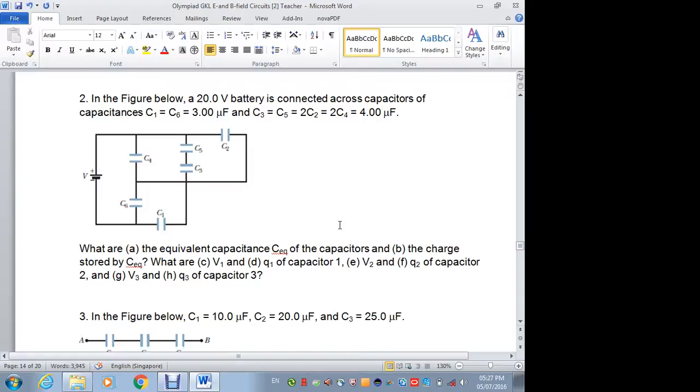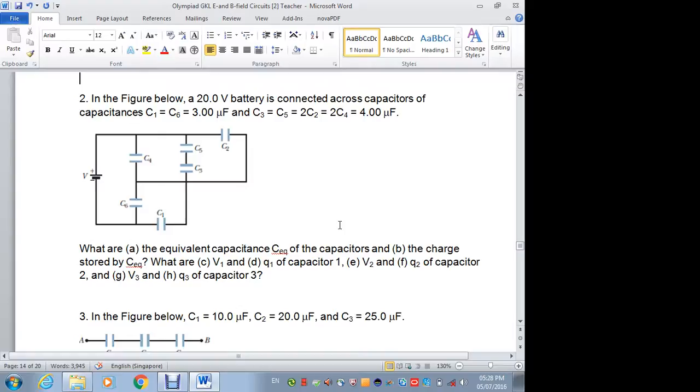Then the upper part, C2 actually will be parallel with C5, C3. Of course, C5 and C3, that's the fundamental unit, right? That is in series. Right. So C3, C5 in series, but it's actually in parallel with C4 and C2. Then after that, this whole thing actually will be in series with C6 and C1 in parallel.